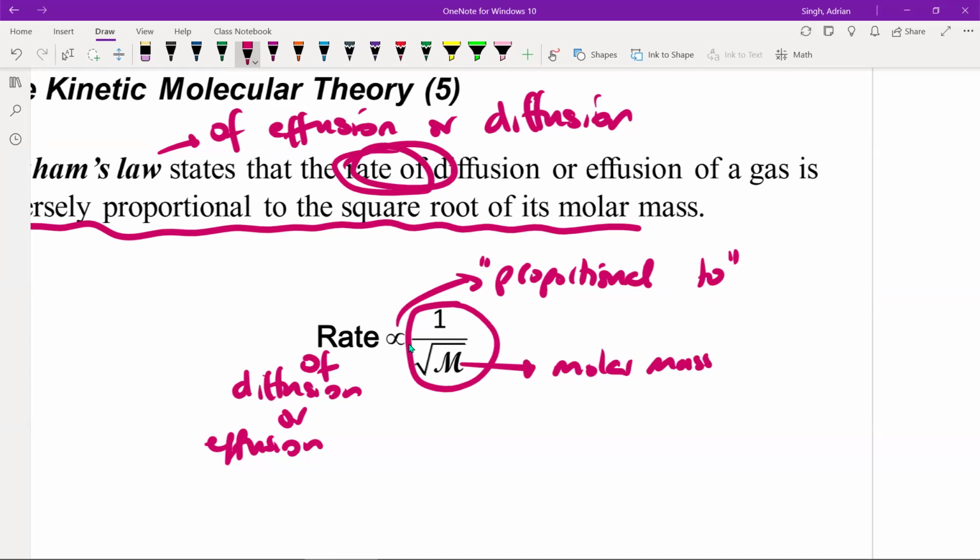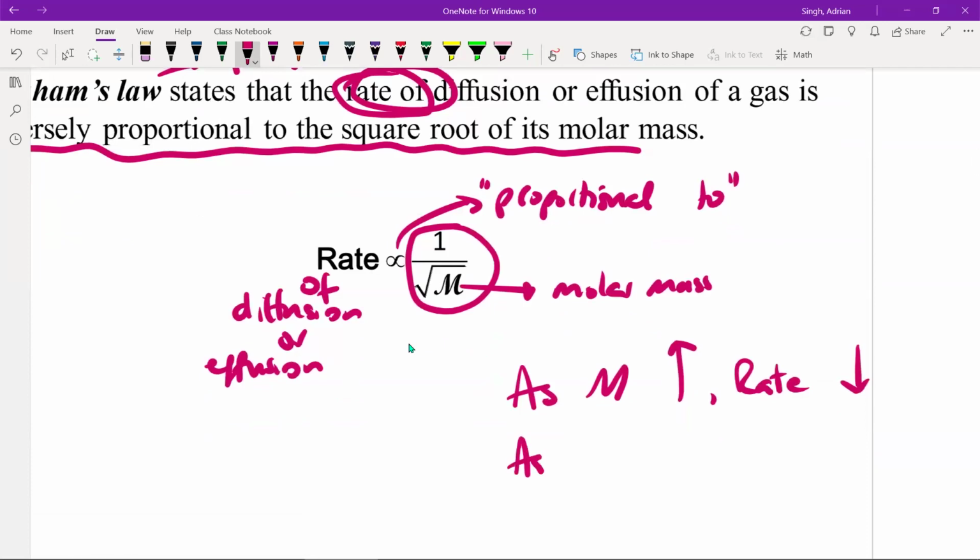Because the molar mass is in the denominator, as molar mass increases, so as the gas particle gets bigger and more massive, the rate of diffusion or effusion is going to decrease.